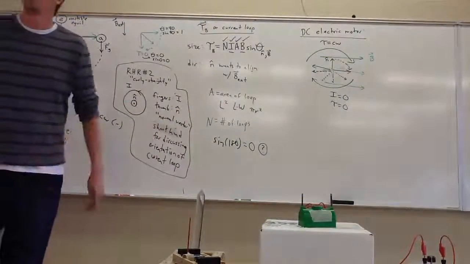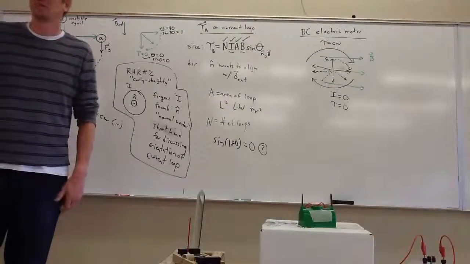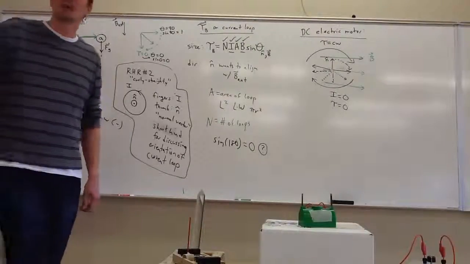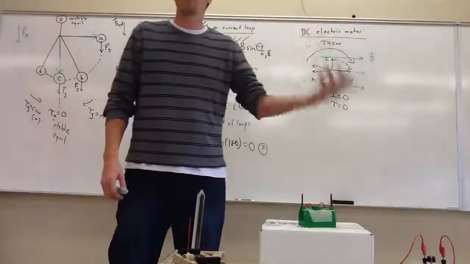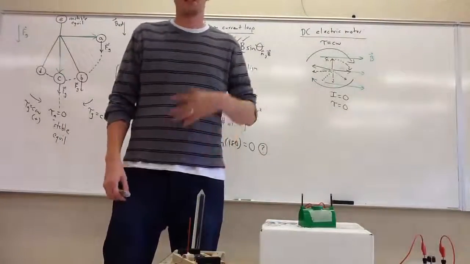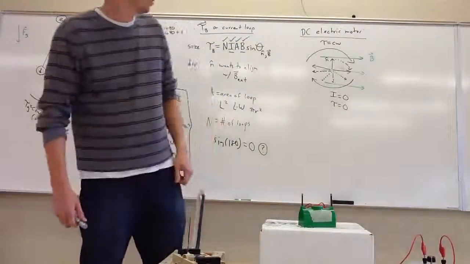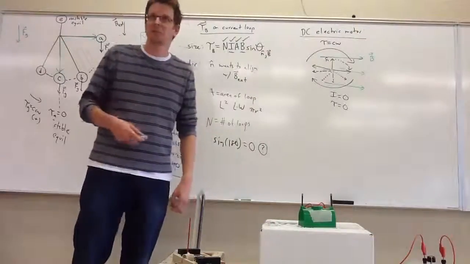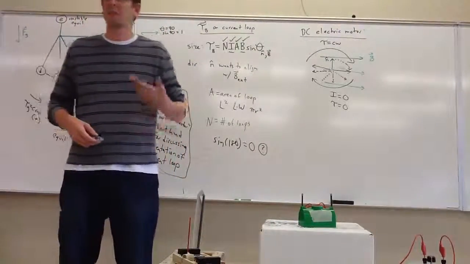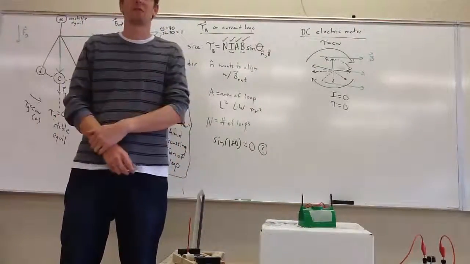It's like a one-armed motor, right? It's a motor that's really only being pulled half the time. The other half of the time, when the torque would be slowing it down again, we just eliminate it, okay? So half the rotation, it's being torqued in a direction, and the other half, the torque is turned off.